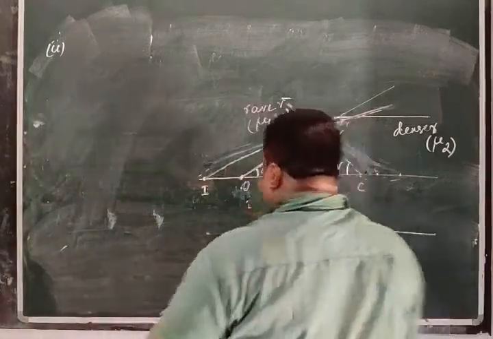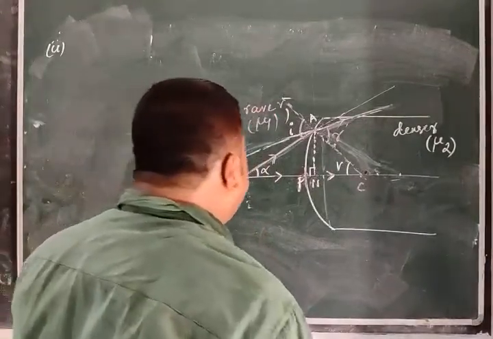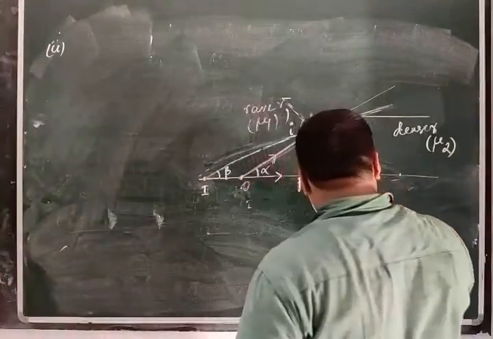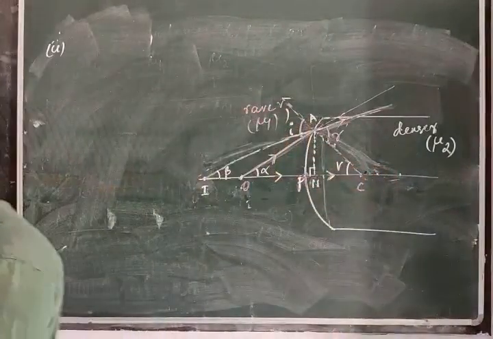Alpha is the angle made by the object, beta is the angle made by the image, and gamma is the angle made by the normal. Here all things are the same.